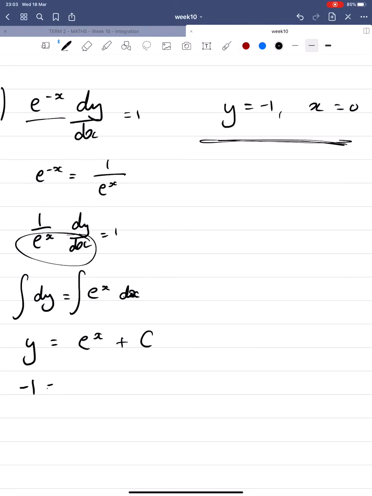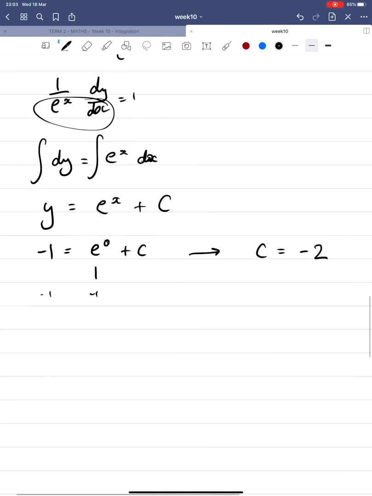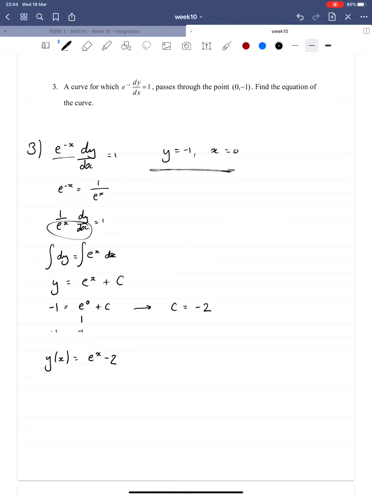So when y was minus 1, we had x be 0, which means c is equal to e to the 0 is 1, and then I subtract it, so I get minus 2, as in e to the 0 is equal to 1, and then I subtract 1 from both sides. So the answer then is y is equal to e to the x minus 2. Nice and easy.